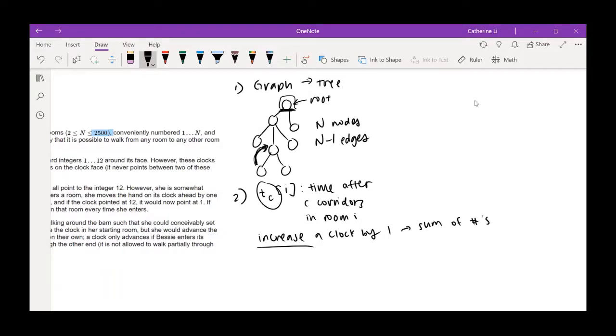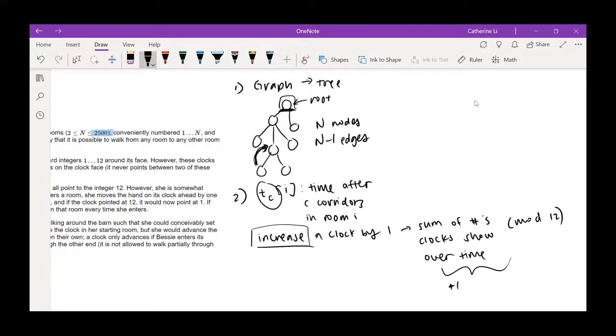Basically, the sum of the numbers or the times that the clocks show over time, as she traverses more corridors. And we're going to take this mod 12. This is a small detail, but yeah, because it's 1 through 12. So we know that this thing is going to increase by 1 each time because we're increasing 1 clock by 1 each time.